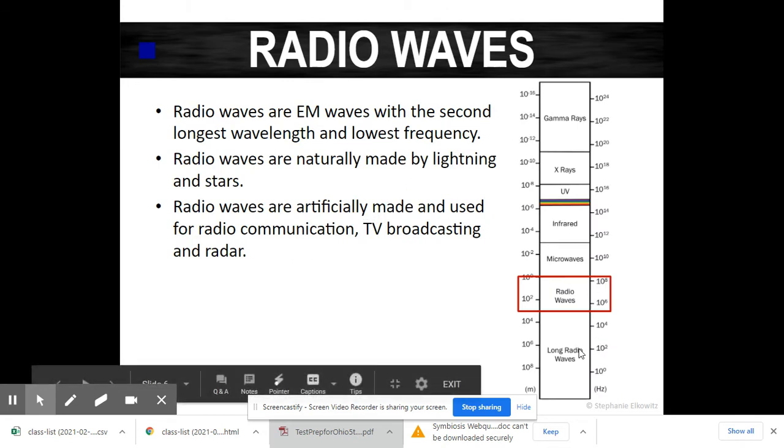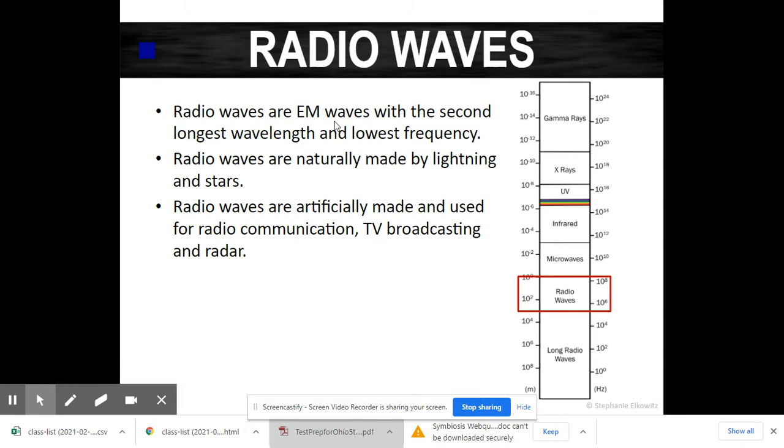Okay, so if we go up here to the right, we are going to start with radio waves. These are a type of electromagnetic waves with the second longest wavelength and lowest frequency. They are naturally made by lightning and stars. They're also artificially made and we use them for radio communication, TV broadcasting, and radar.